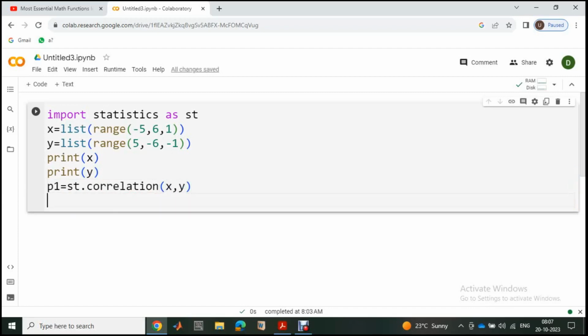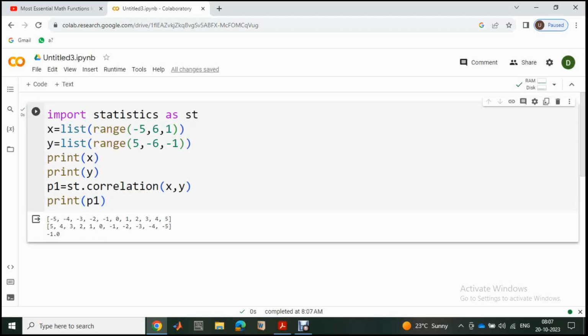Then print p1. We are getting -1, meaning they are oppositely correlated. They are strongly oppositely correlated: x is increasing and y is decreasing, exactly 100% in opposite directions. That is the conclusion we make.